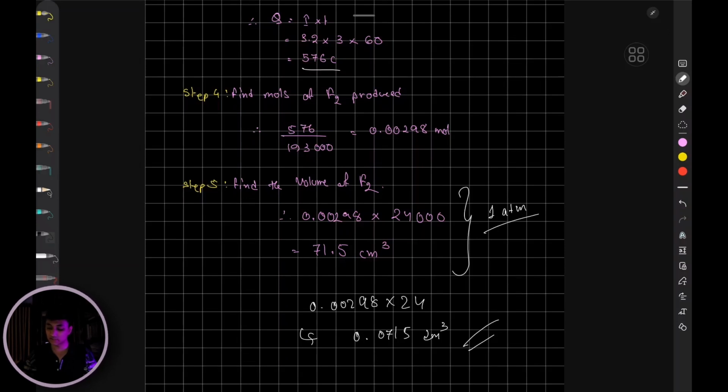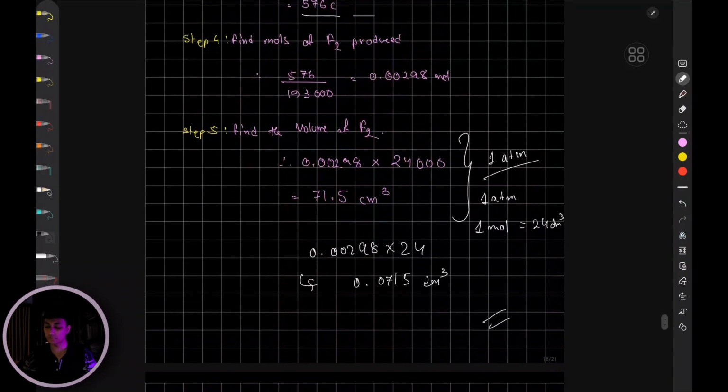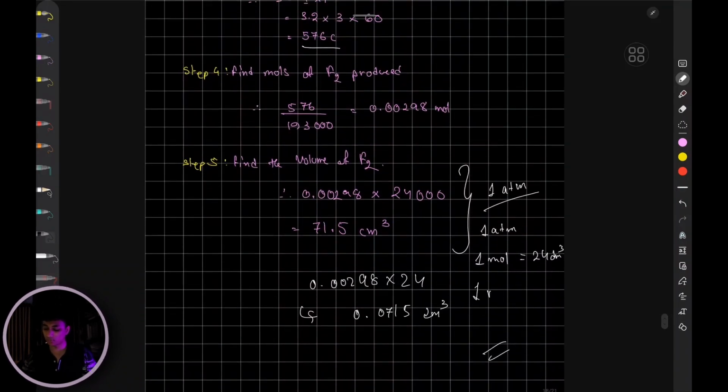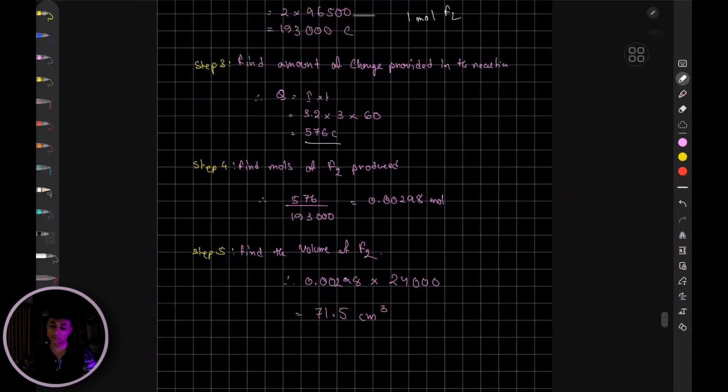So you're considering that because at 1 atm, 1 mole of any gas will occupy 24 dm cube. That is a given. So you probably do know that from O levels, right? 1 mole of any gas will also occupy 24,000 cm cube, which is exactly the same thing. So 24 dm cube, if you convert it, is 24,000 cm cube. Okay, so using that, we can find the volume of gas that will be produced.